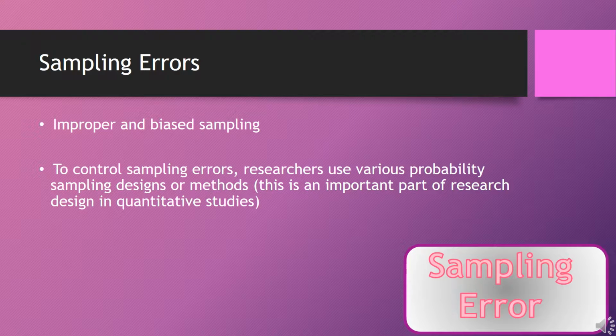Therefore, in order to control for sampling errors, researchers use various probability sampling designs or methods. I will discuss 4 probability sample designs and 4 non-probability sample designs in this video.